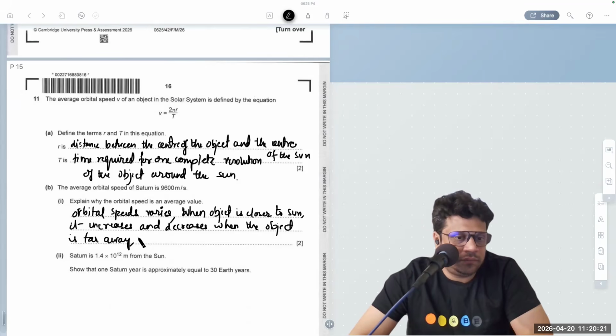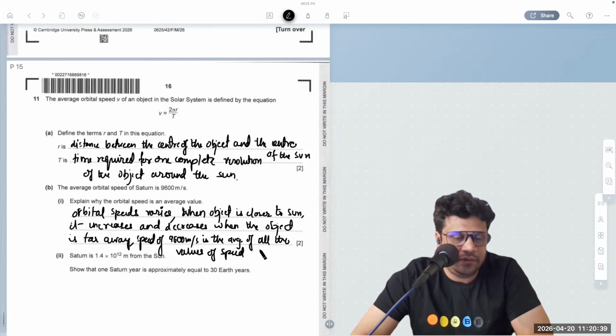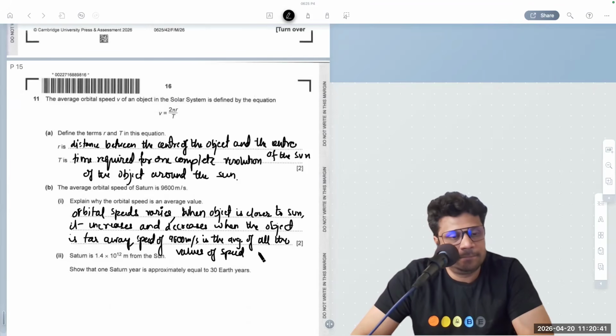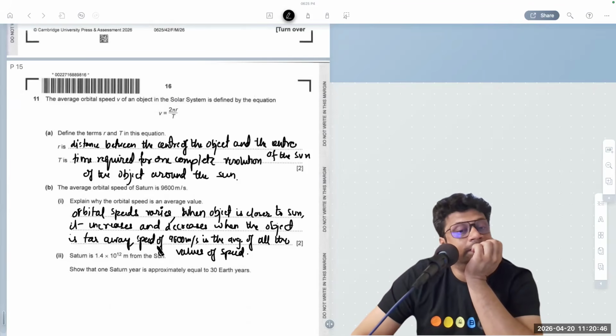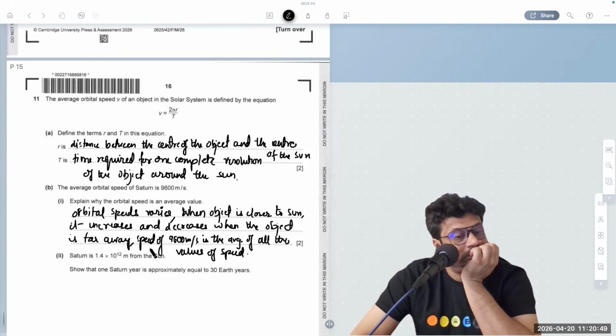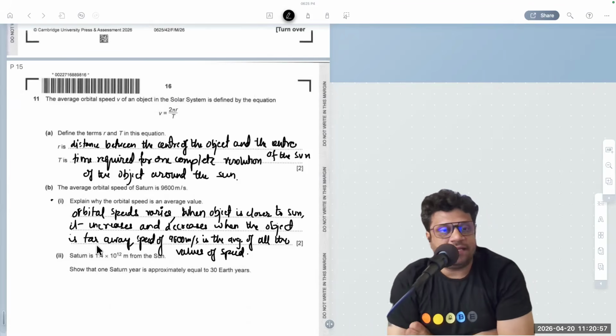So the speed of 9600 meter per second is the average of all the values of speed. That's what I hope it is.